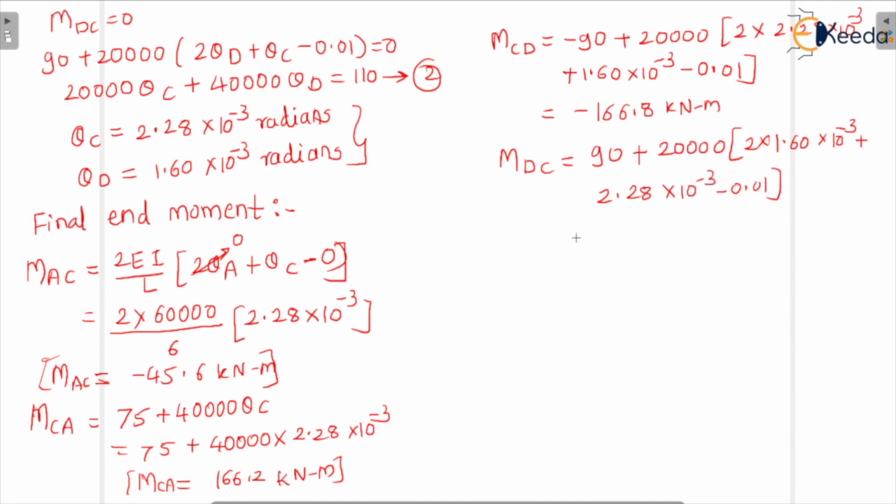We are just substituting our values in this equation. When you do this calculation, it is 0 because it is a roller support there, and a roller support will not carry any moment. So our answer is matching here.